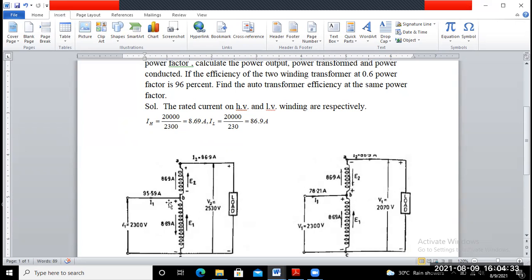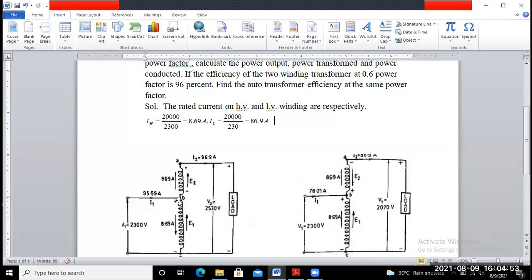So what is the current at this point? Can we find out? Suppose that 8.69 ampere is flowing in this direction and 86.9 is flowing in this direction. So how is the current taken from the supplier? That means the summation of the two currents.